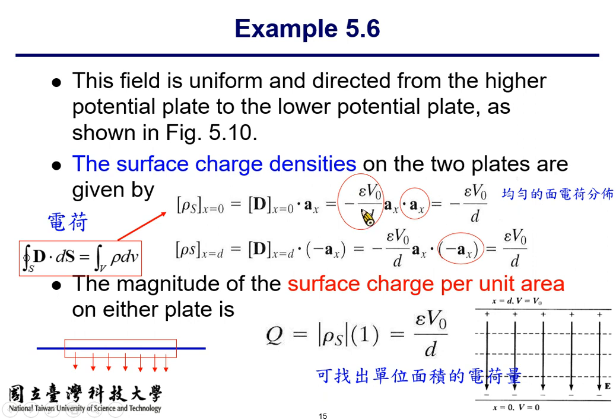The next thing here is to find out the charge density on the top plate and bottom plate, as well as the total charge on the top and bottom plate. To find out the charge density, we use the Maxwell equation of Gauss's law of electrical field in integral form.